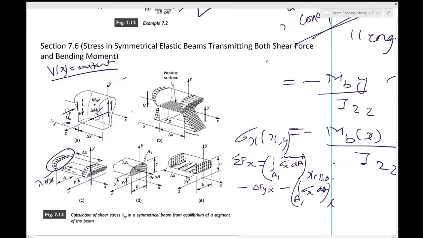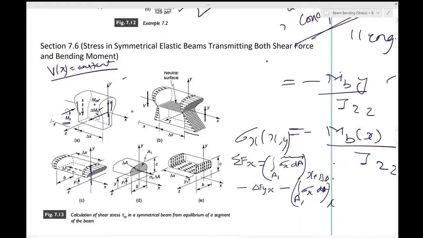This is equation 7.18 of your textbook, and you can go from y equal to y1 to y equal to c and find out the delta Fx.